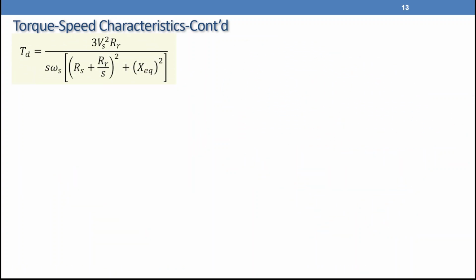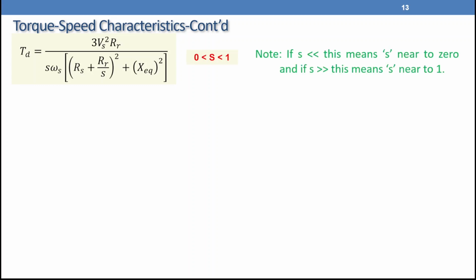So now back to the torque equation. Torque developed equals 3 V phase square, or V supply square, times R rotor over S omega S, over the quantity R stator plus R rotor over S, squared, plus X equivalent square. The range of the slip is 0 lower than S lower than 1. If S is close to 0, this means S is too small.